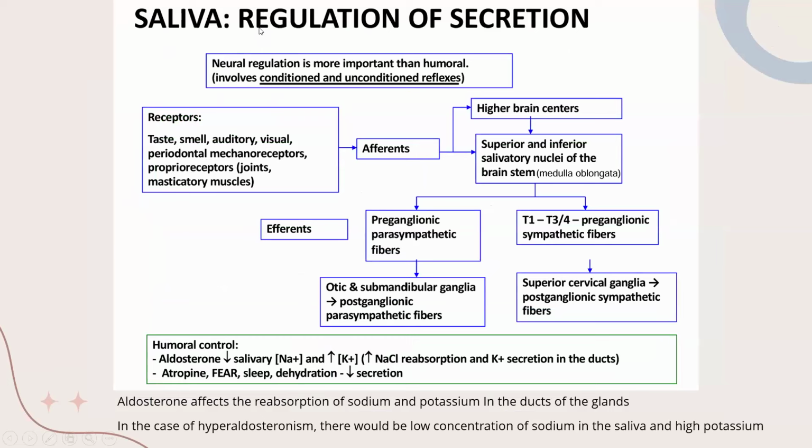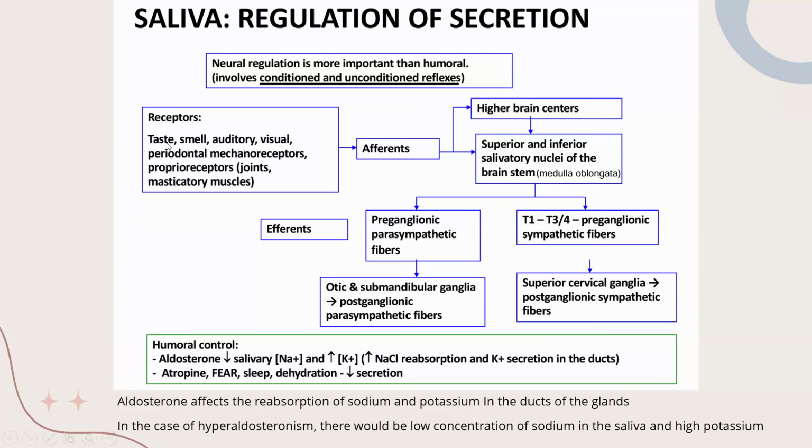Now, for the regulation of secretion, as we said, we have the conditioned and unconditioned reflexes. And as I told you before, the neural regulation is more important than the humoral in the cephalic phase. As we go down to the gastric phase and the intestinal phase, the neural regulation becomes less and humoral becomes more.